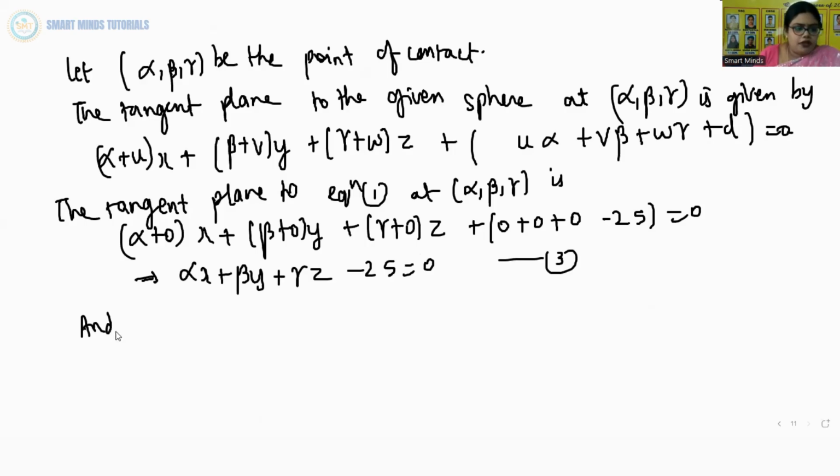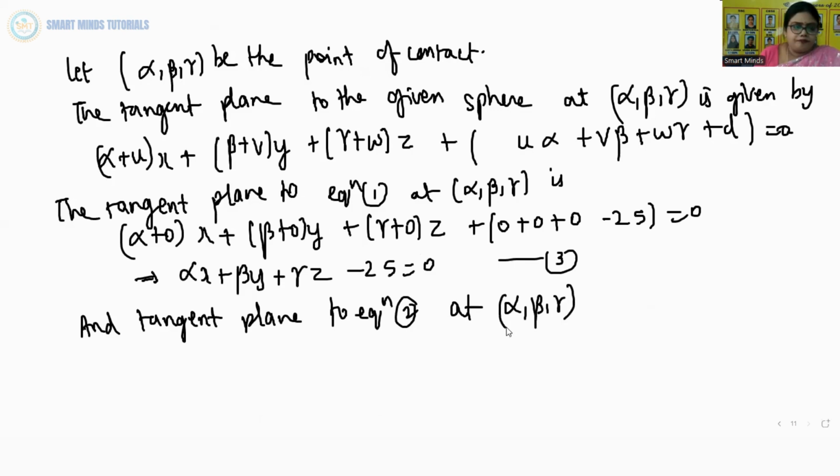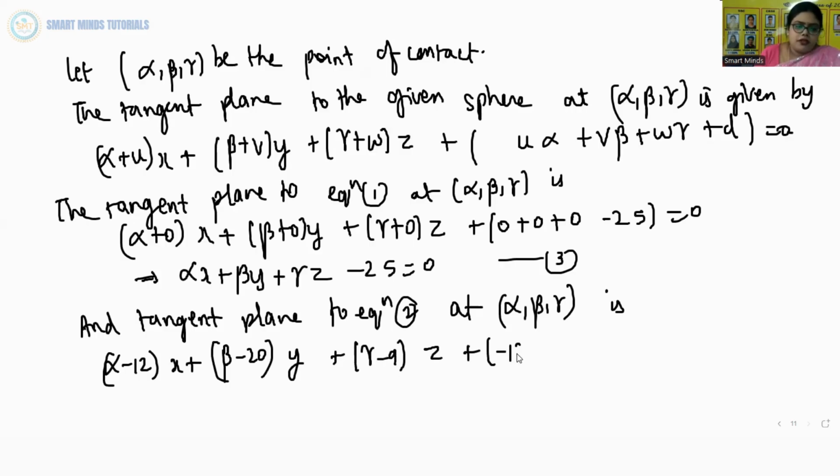And now we need to find out the tangent plane to the second equation. Tangent plane to equation number 2 at alpha, beta, gamma is alpha minus 12 into x plus beta minus 20 into y plus gamma minus 9 into z plus minus 12 alpha plus 20 beta minus 9 gamma plus 225 is equal to 0.